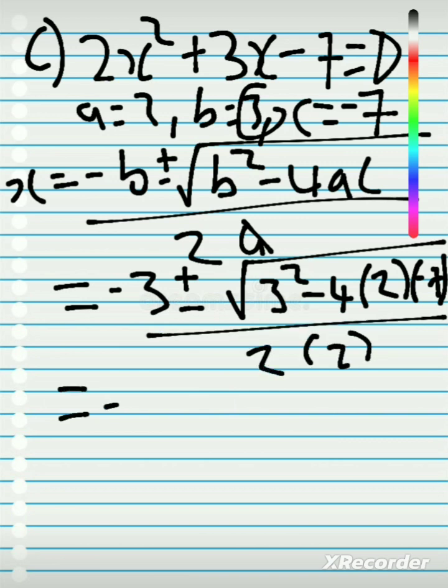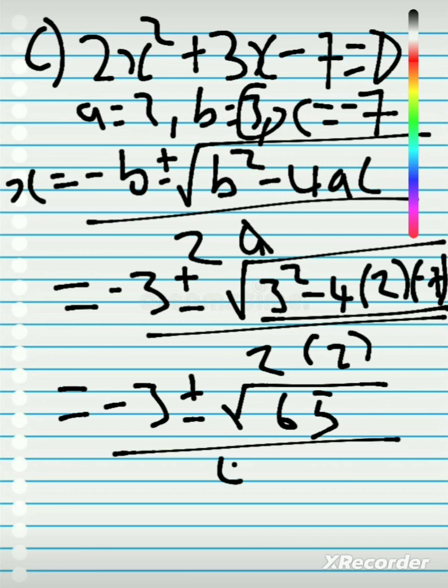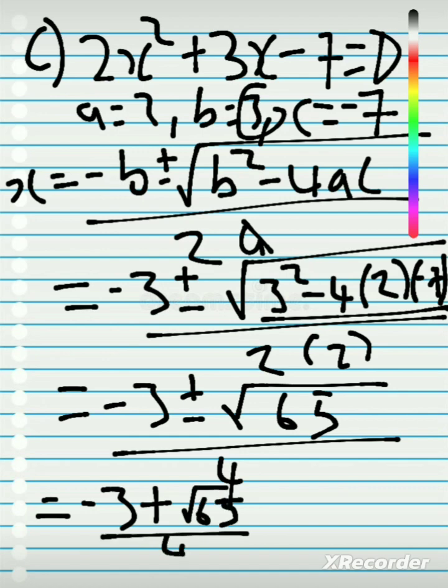So negative 3 plus or minus square root of, when you punch everything here, you're going to get 65, over 2 times 2, 4. So it's going to be negative 3 plus square root of 65 over 4, or x is equal to negative 3 minus square root of 65 over 4.